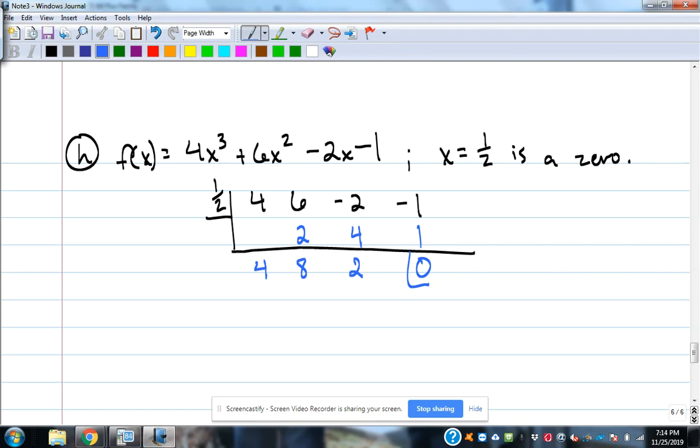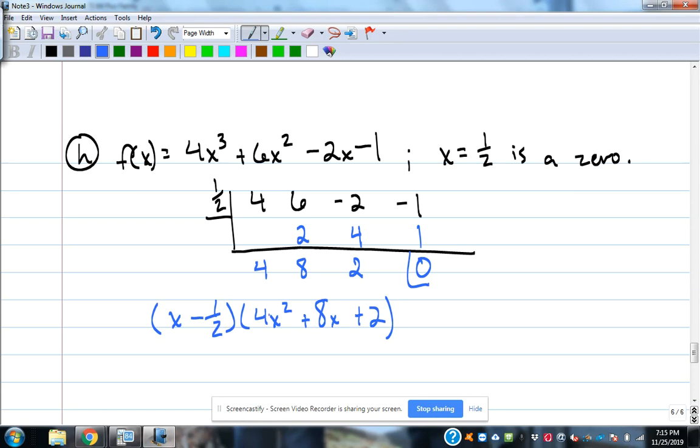Okay? Now, that opens up the factoring idea. And then this is where some folks kind of get confused on the factoring. Not 8, 6, but 8x plus 2. And then you'd have x minus 1/2 right there. That'd be that factor.